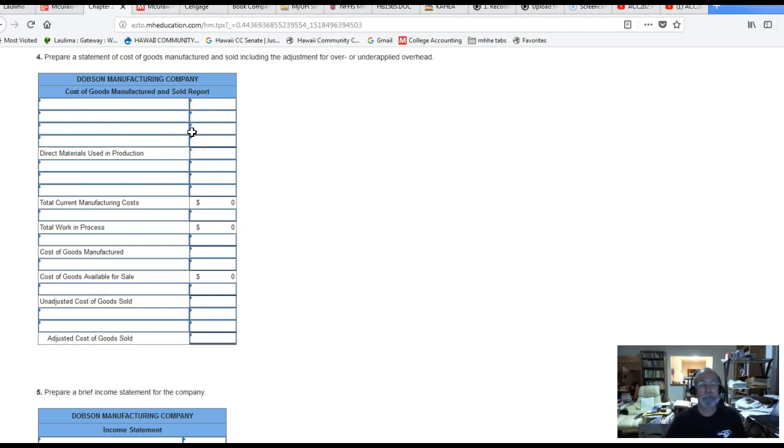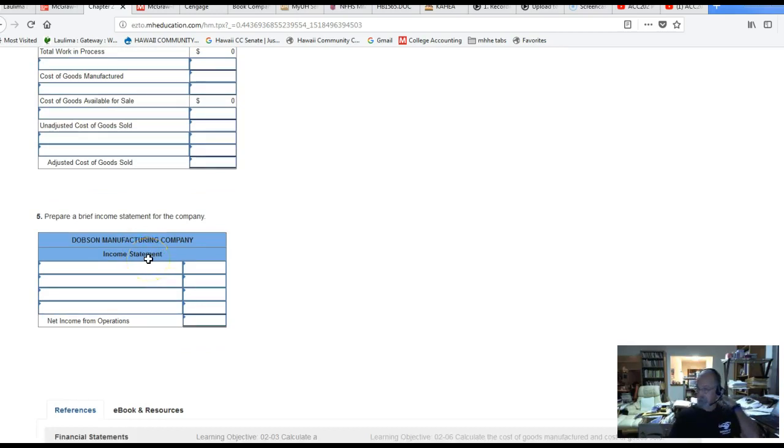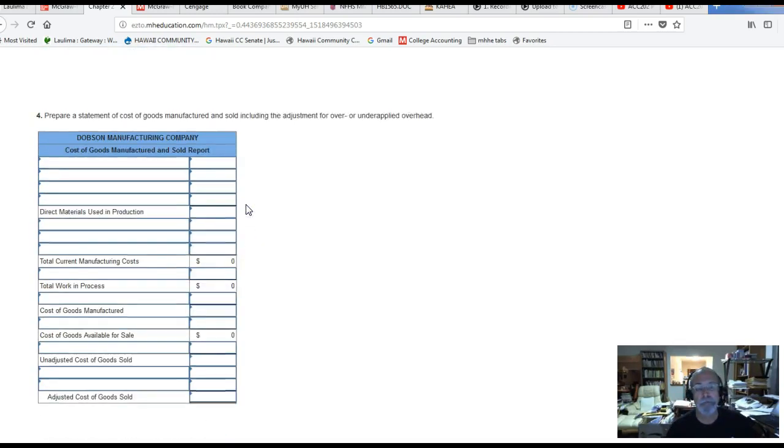And so that's where the information on finished goods is going to be reflected. So this is kind of a more comprehensive statement of what we made and sold. And then the income statement is basically a very abbreviated statement. Anyway, I think it might be confusing trying to follow what I'm saying without actually working through it. So let's try working through it, and hopefully that'll make it easier to understand what I'm trying to say.